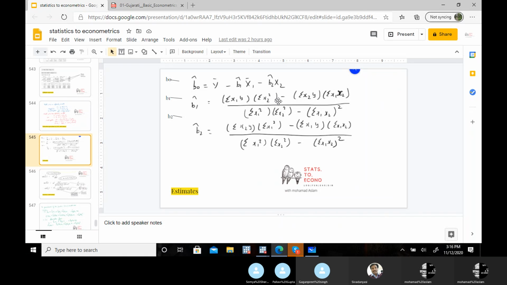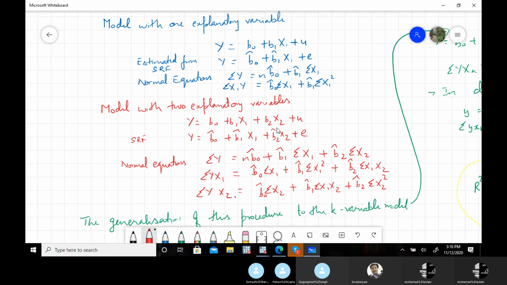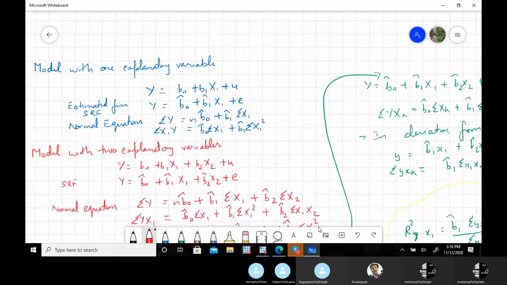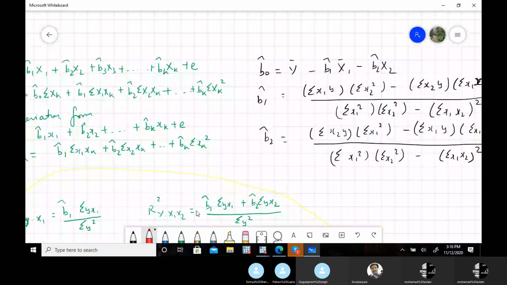How do we get these three formulas? Just in brief, I'm going to explain once again, although we already did this with the bivariate method and the matrix method. Let me give you this example once again. Let me do it on the side.